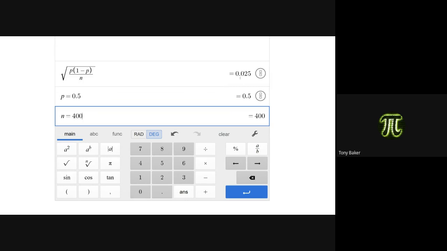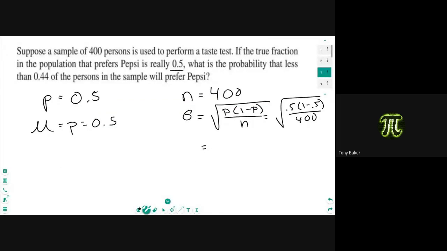All right, so we've got our standard deviation is 0.025. So unlike the mean ones, we have to calculate these couple things.